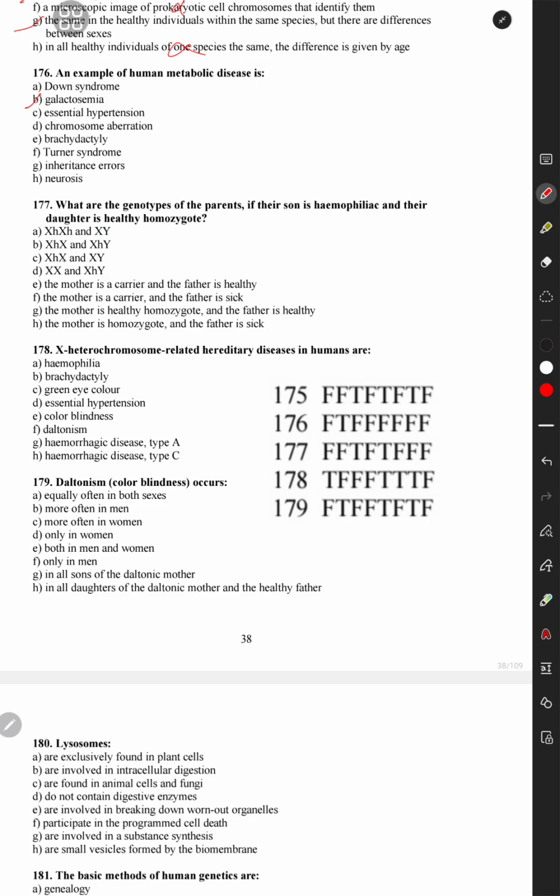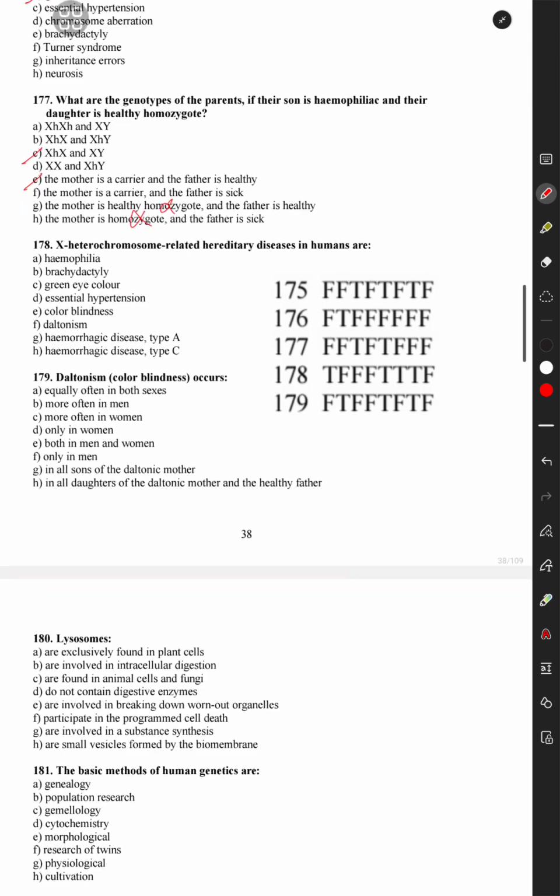Should be a healthy homozygote or son हो सकता है. And daughter should be a healthy homozygote. Mother is a carrier, father is healthy. Mother is a carrier and father is sick. Yes. No, father is healthy. Mother is not a homozygote. No. False, true, false, true. 177. False, true, false, true.